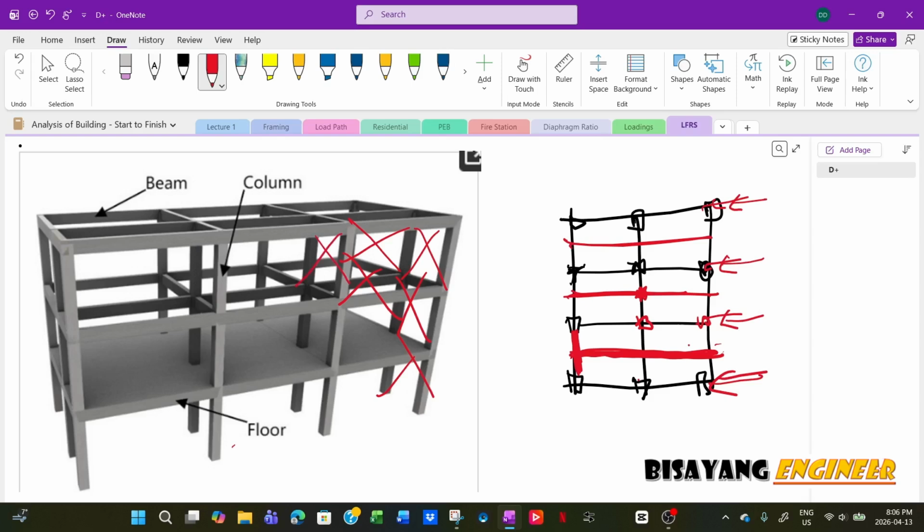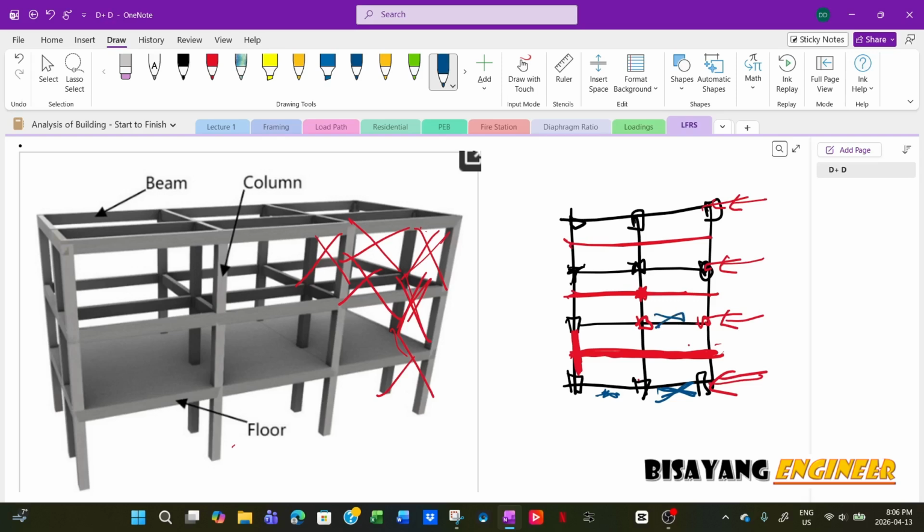Now the cross bracing doesn't have to be at every bay. You can have one braced bay only. Just for example, in this floor plan, you can have this bay as a braced bay. You don't have to have this as a braced bay also. If this is enough, then you can have just one, and then this one another.